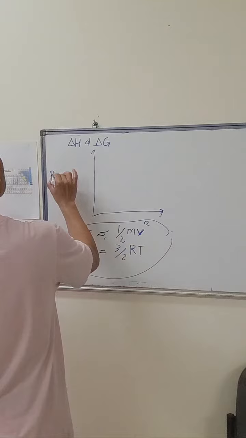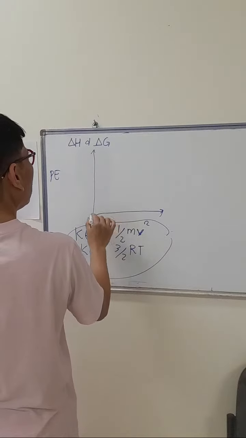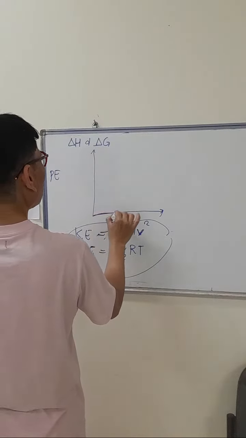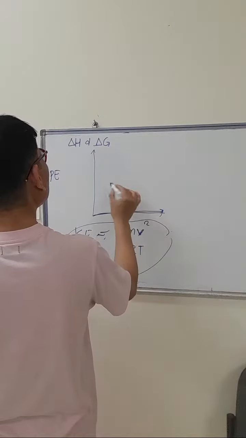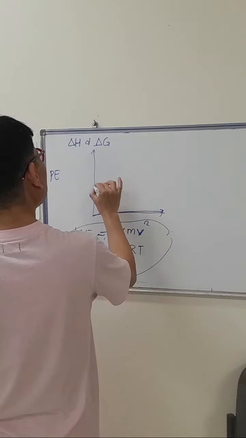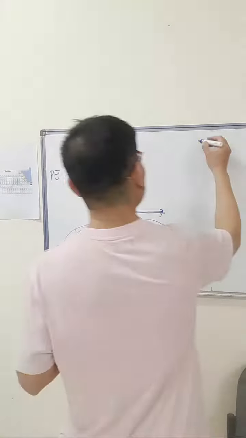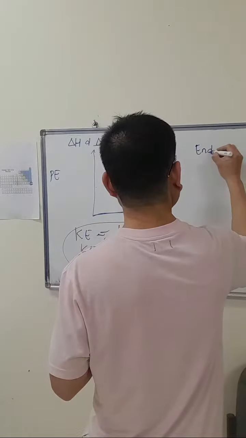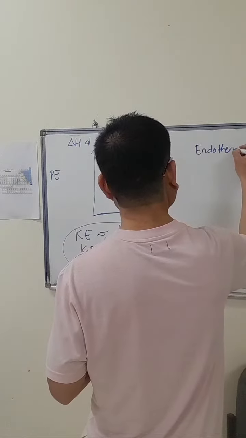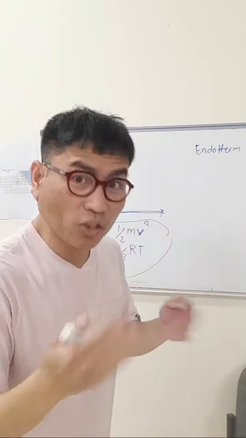Now we have potential energy on the vertical axis, and here is our graph. If our reactant is like this, we are referring to an endothermic reaction, meaning taking in energy, endo.